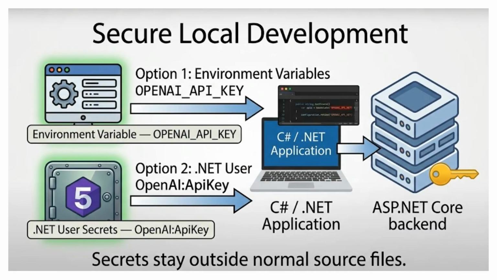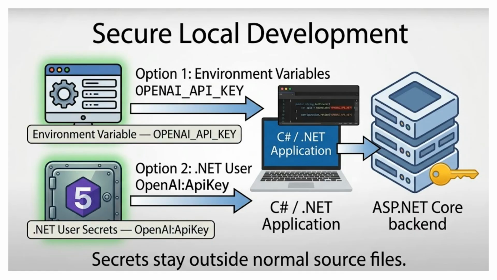For local development, we should keep our API key outside the normal source code. One option is to use an environment variable. For OpenAI, we can store the key using the name OPENAI_API_KEY. Our C# or .NET application can then read this value when it runs. Another useful option is .NET user secrets.